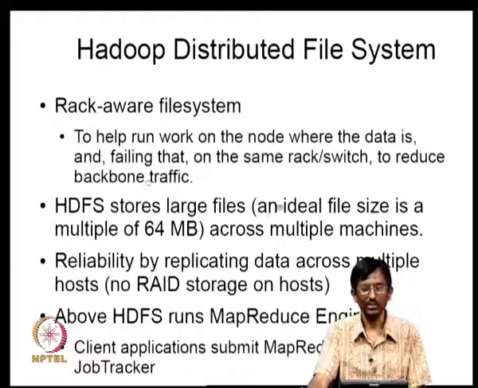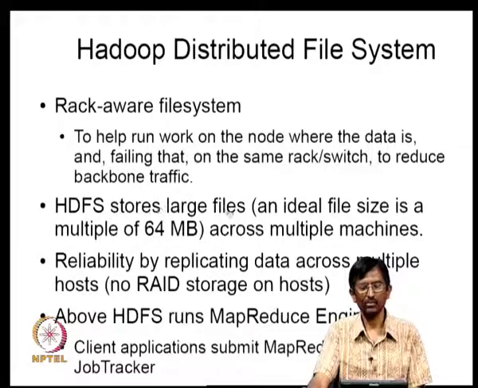Basically the idea is to make sure that whatever work is being done is actually closer to where the data is. If it is not that, try to be near the rack, same rack, near switch, so that you reduce backbone traffic.